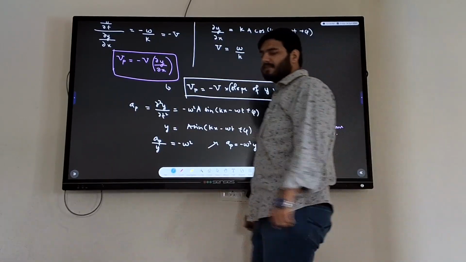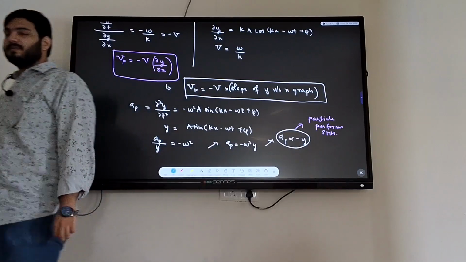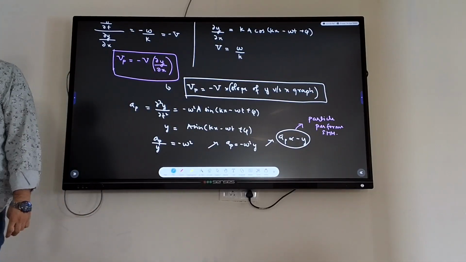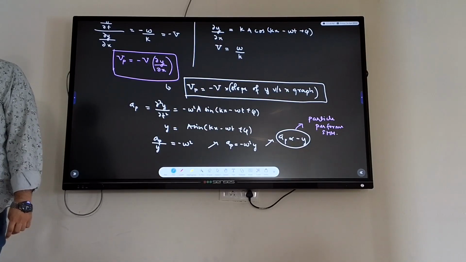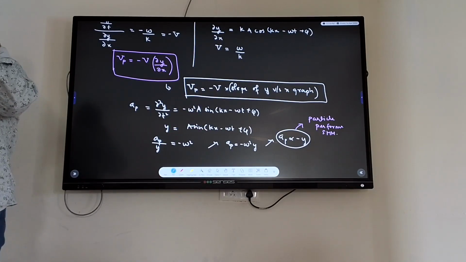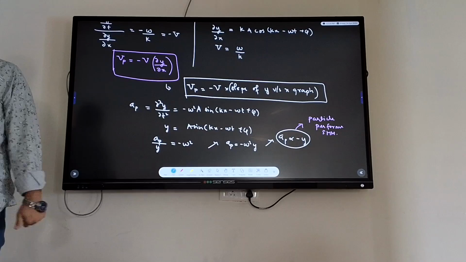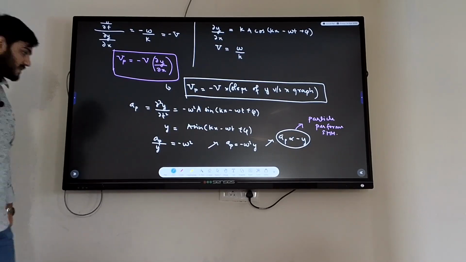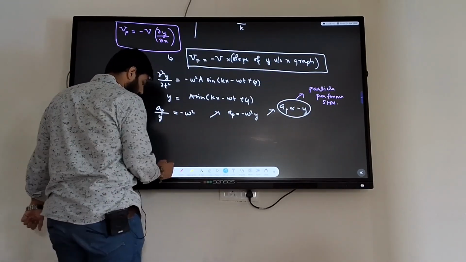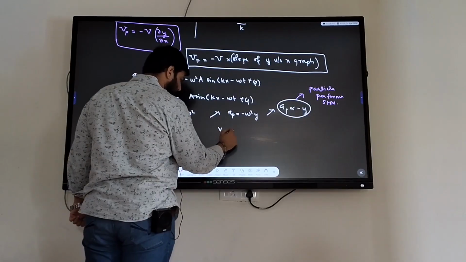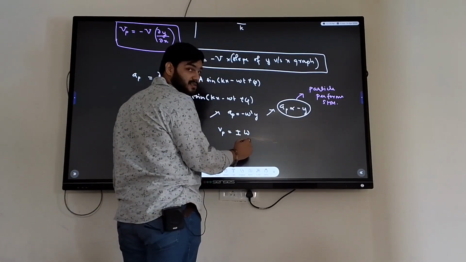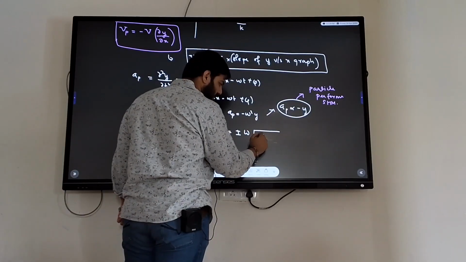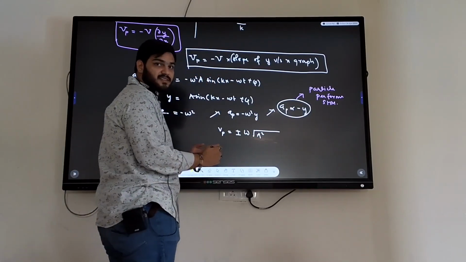Good. Achha, if it is an SHM, then what will be the expression of velocity? What was the expression of velocity for SHM? Nobody remembers. Vt should be equal to plus or minus omega under root of a square minus y square.